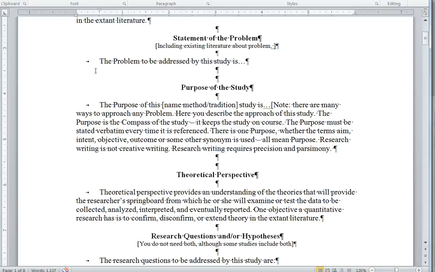We want to help our reader out by naming the problem and actually stating it, so please take a note and do this. We want to begin our problem statement, and it's a statement and not a question. That means it ends with a period and is a declarative statement. The problem to be addressed by this study is, and then we'll state what that opportunity, need, or gap is for our particular study.